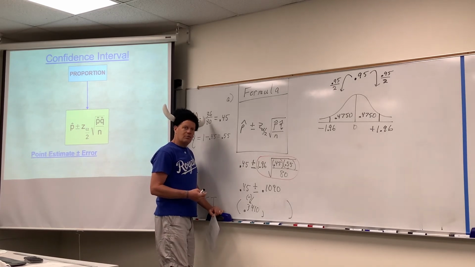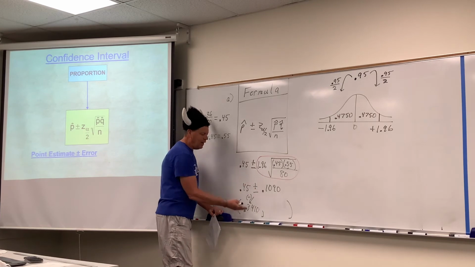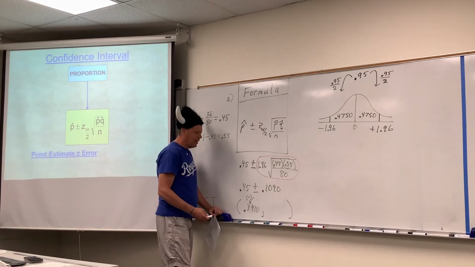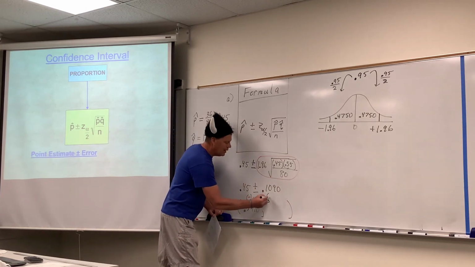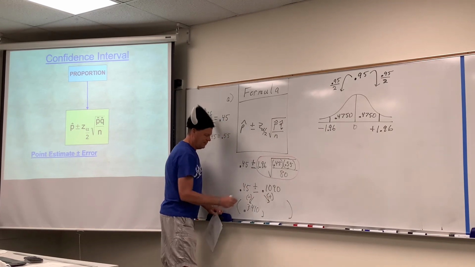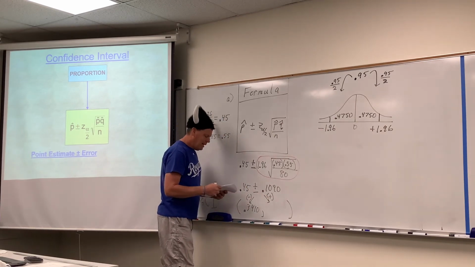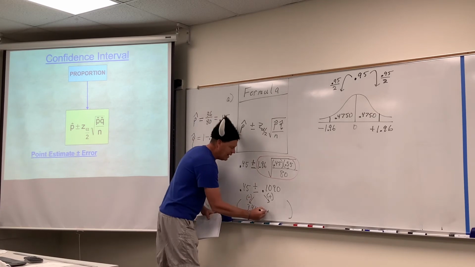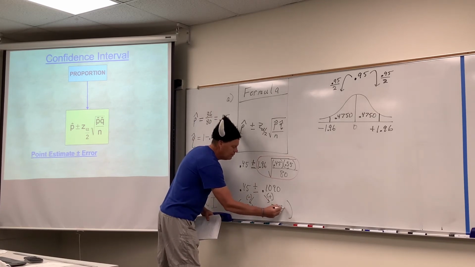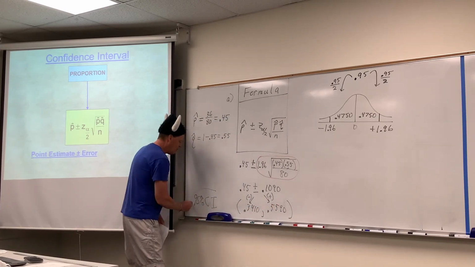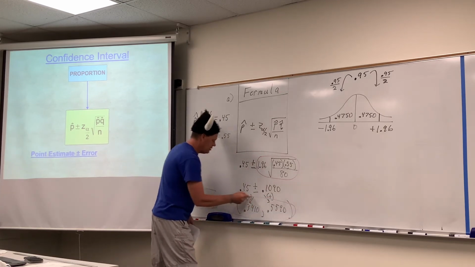They'll say, well, I think it's going to cost somewhere between here and here, and this would be your lower end of your estimate. And then the upper end would be to do the plus. So when you add, you get 0.559, roughly 56%, and that would be considered a 95% confidence interval.